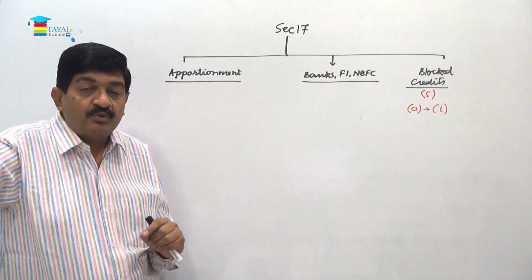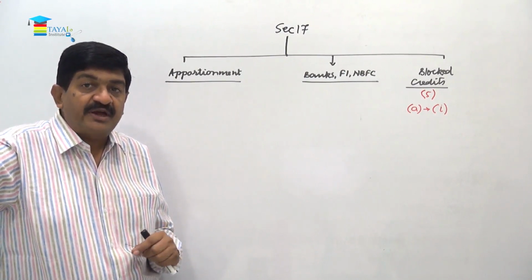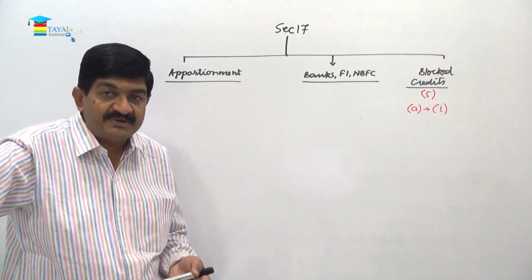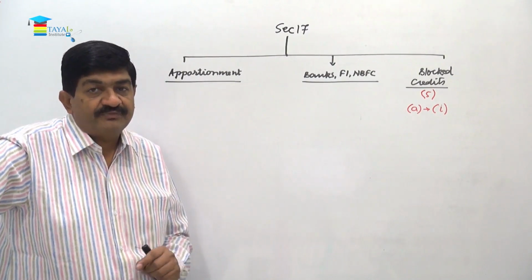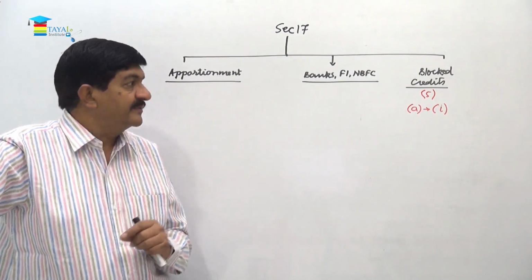So if there are goods and services which are used exclusively for the taxable supplies, the question of apportionment does not arise, right?